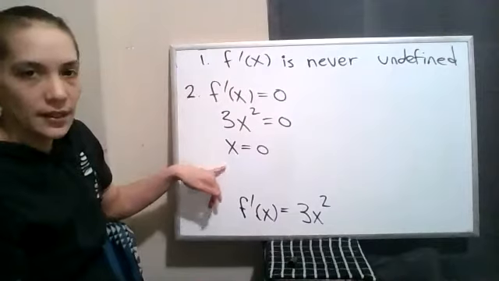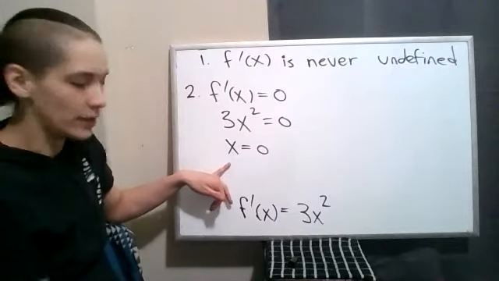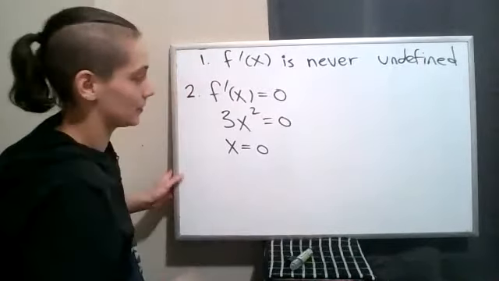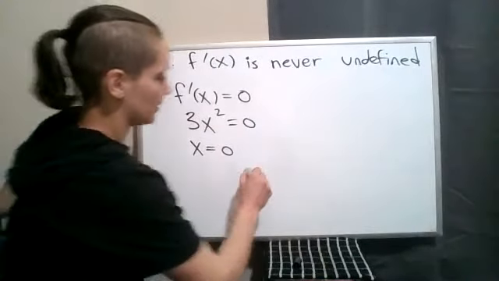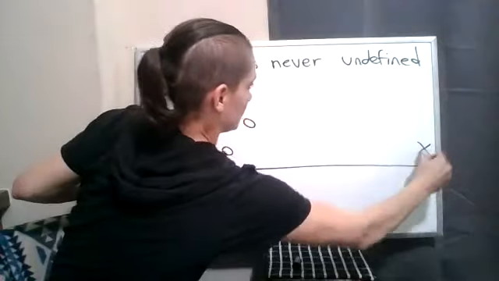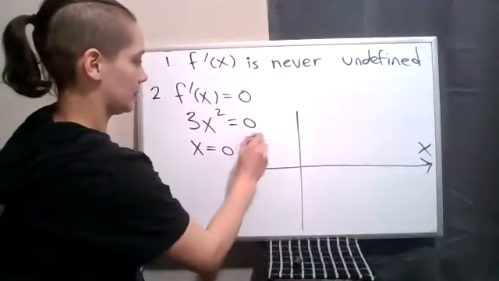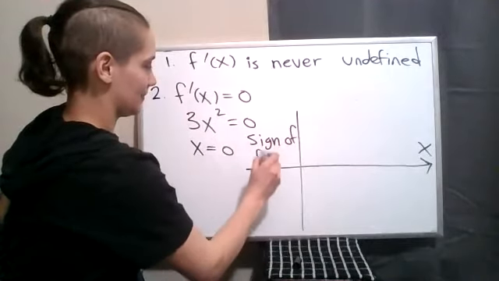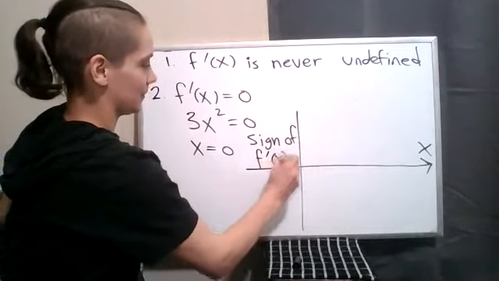So we found those critical numbers, and we create a sign chart for f prime. Okay.